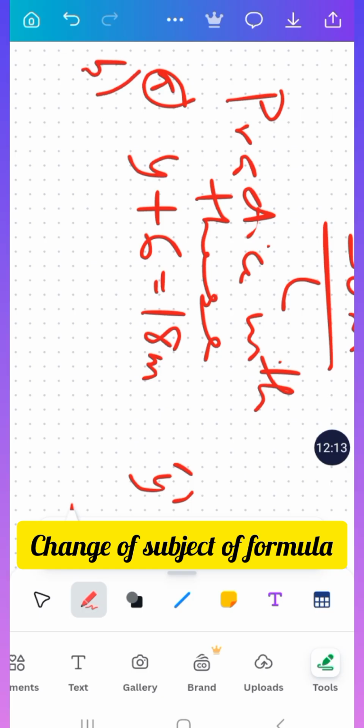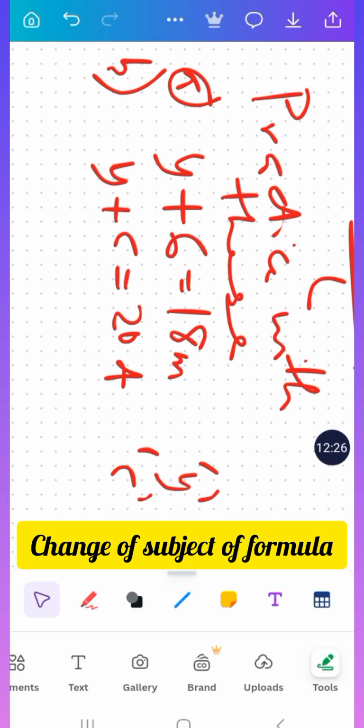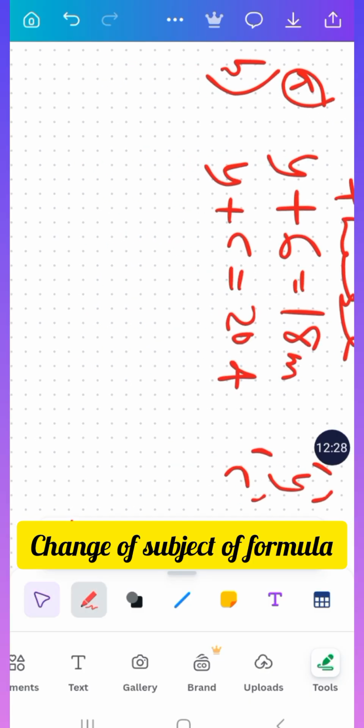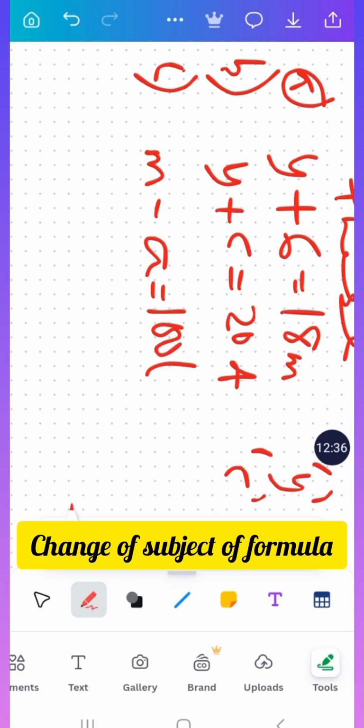My B is y plus c equals 20d. Make c the subject of the formula. Okay, let us see another one. My C, m minus a equals 100L. Make a the subject of the formula.